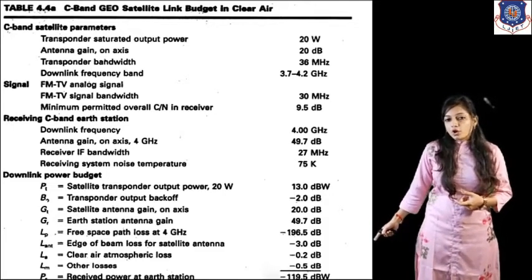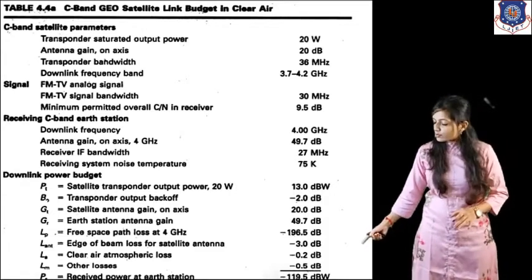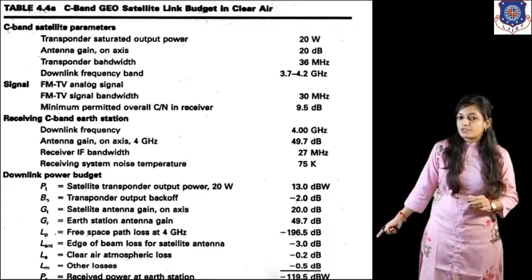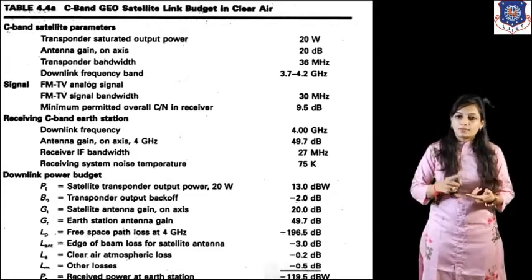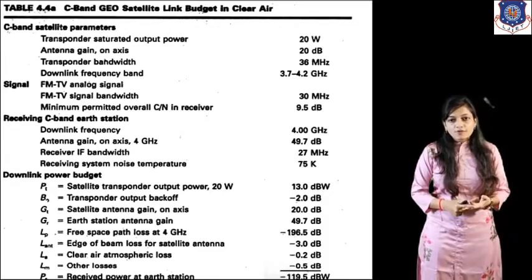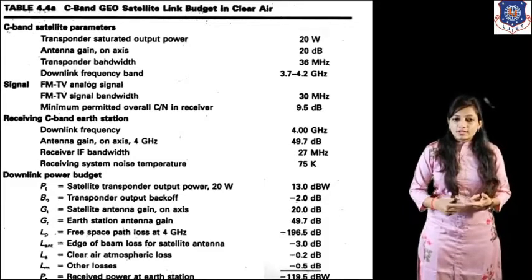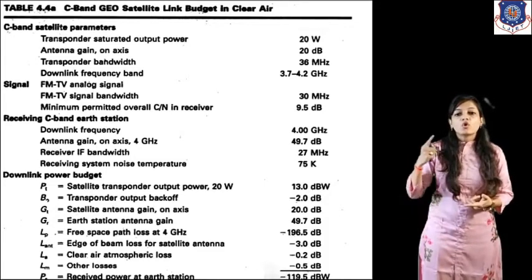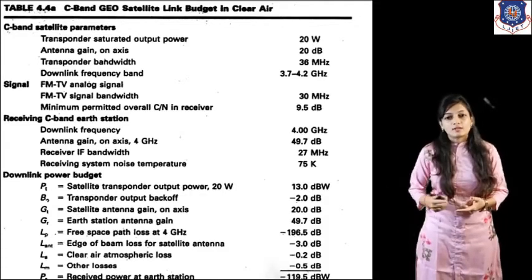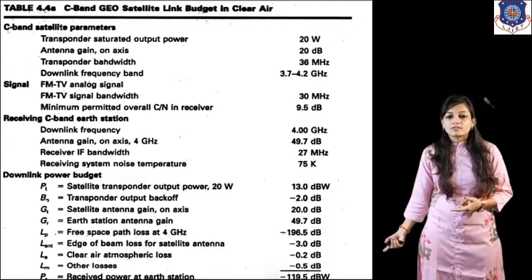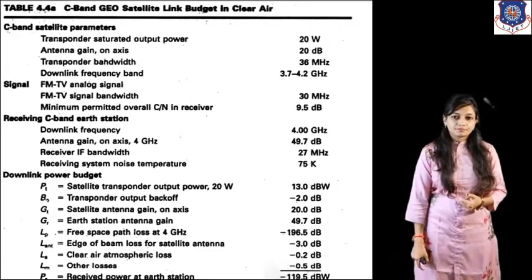Antenna beam loss is minus 3 dB, which is given. Atmospheric loss is 0.2 dB, which is given, and other losses are also given as 0.5 dB. So all the losses are going to be subtracted. The transmitting power and the gains of the transmitting and receiving antennas are all added, and the remaining quantities are subtracted as they are losses. So overall we get the received power at the Earth station as minus 119.5 dBW.